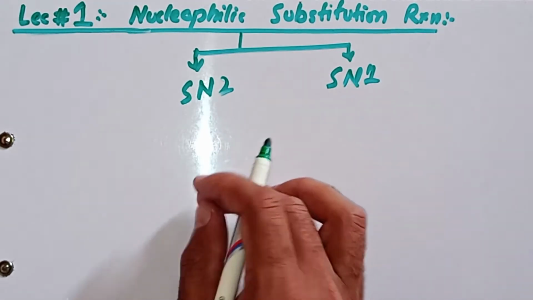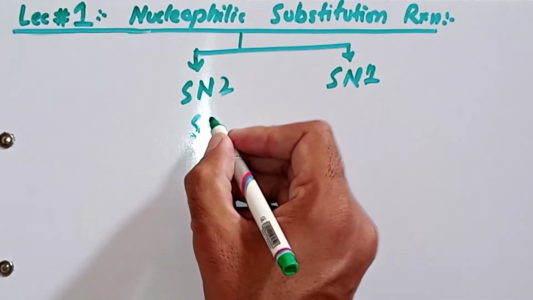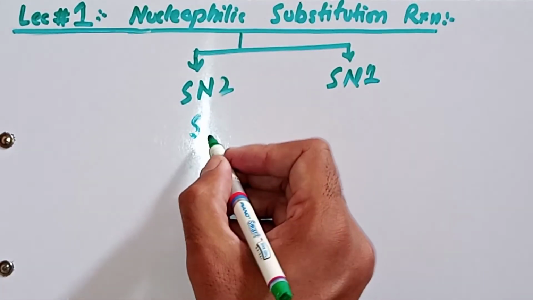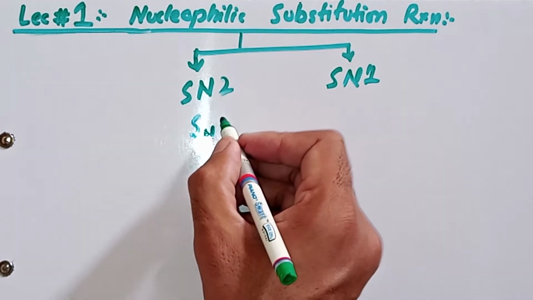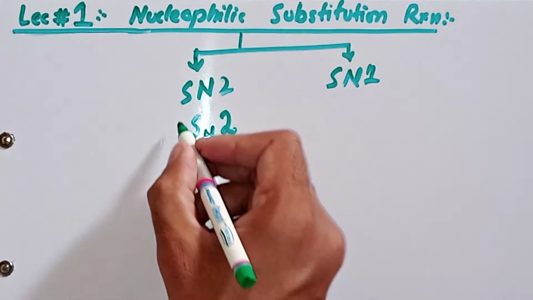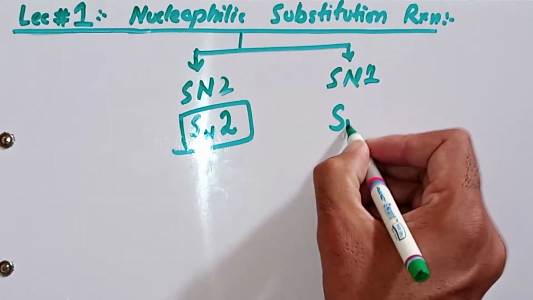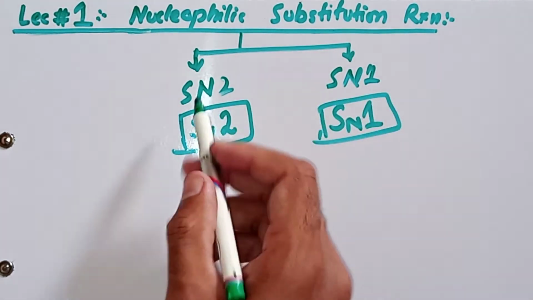These two types of reaction are represented in this form. This is capital S, then a small subscript capital N, and 2, written like that. This is called SN2 reaction, while this is called SN1 reaction. What does this mean?